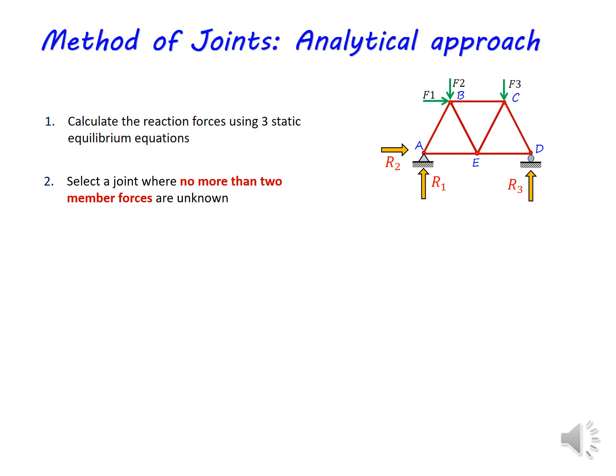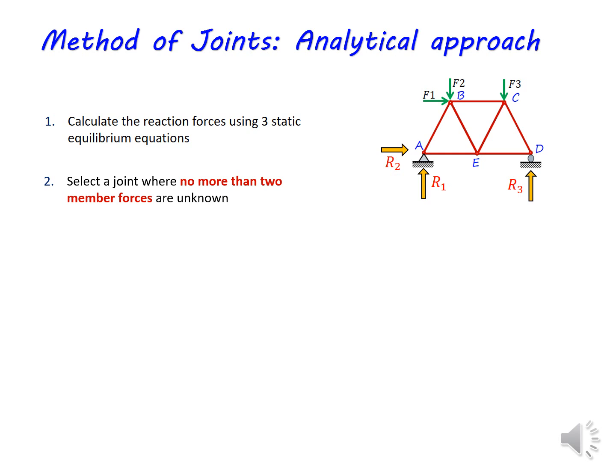What about joint B? If you consider joint B, there are two external forces acting at that joint, F1 and F2, and there are three member forces from the members BC, BE and BA.